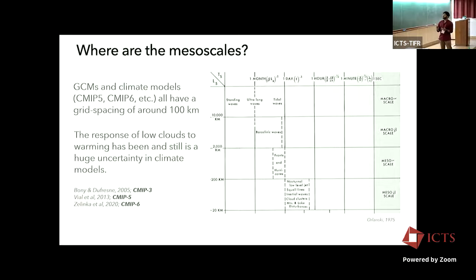And very likely because of this lack of representation of mesoscale processes, we find that again and again through the different generations of the CMIP experiments, the response of low clouds, or predicting how low clouds would change with climate change, has always been this big source of uncertainty, which then also reflects into the climate predictions, or how temperature is supposed to change.